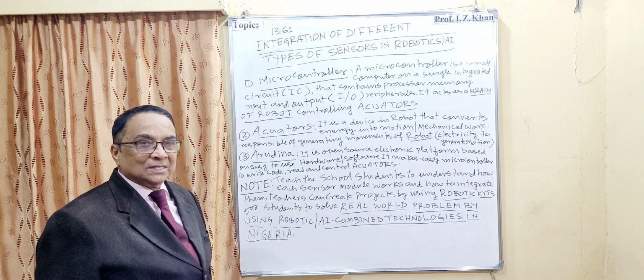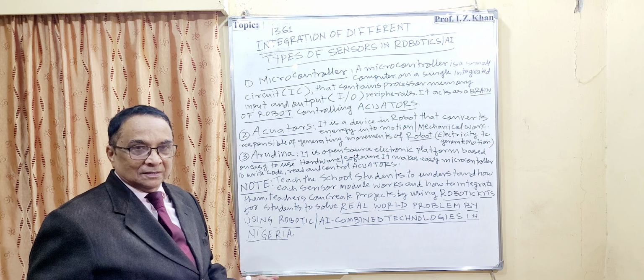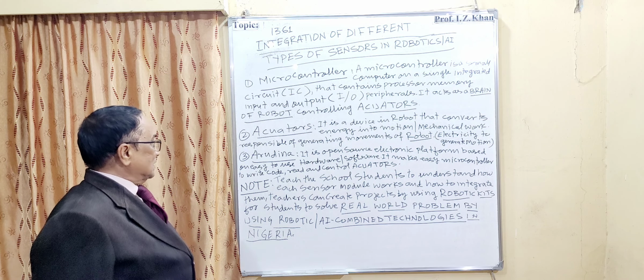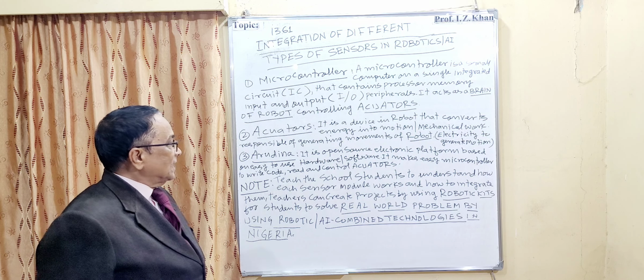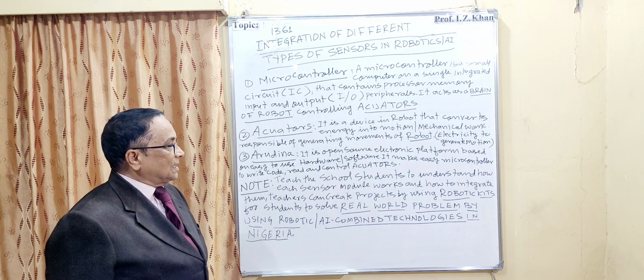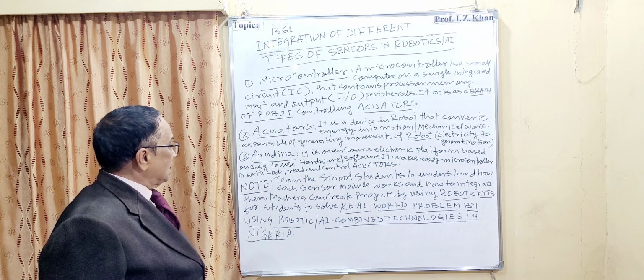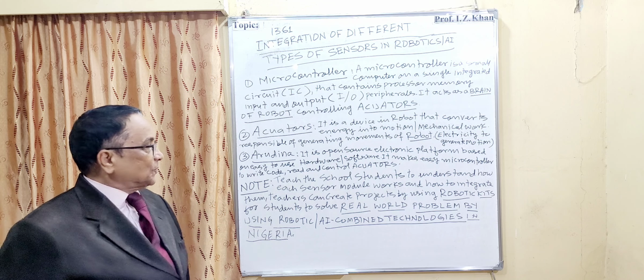That's all. Actuator means electricity is produced to generate motion and work. That is the work of actuators. Then the Arduino: it is an open source electronic platform based on easy to use hardware and software.